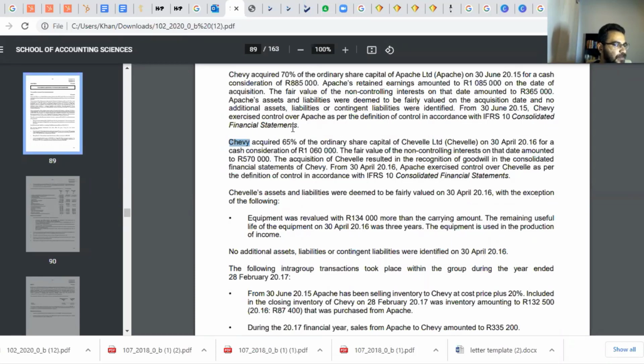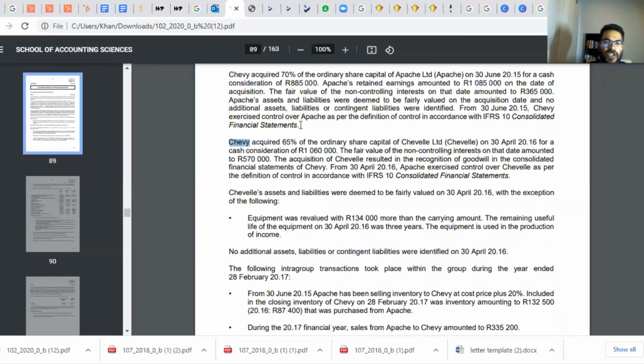So once again, what do we know? That Chevy gained control. No, what is happening from the APAC exercise control? So this is quite confusing. Okay, so they mixed up this whole thing over here.